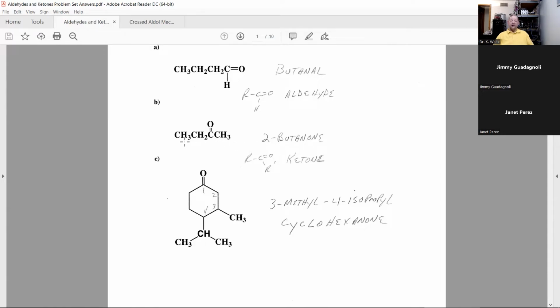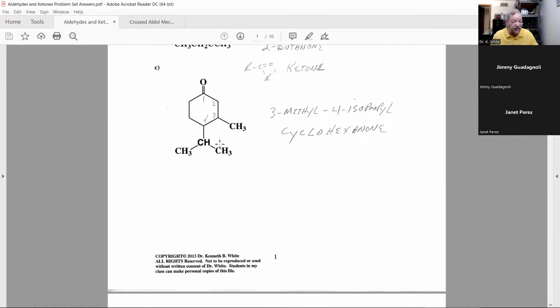So that would be 4 carbons, butane, butanone. Unlike an aldehyde, you have to number which carbon has the double bond to oxygen. You always start from the end of the chain that gives the lowest number. In this case, it's 2, so that's 2-butanone.